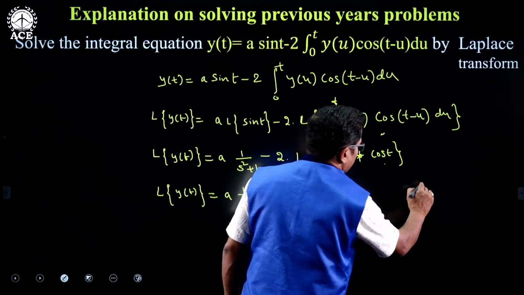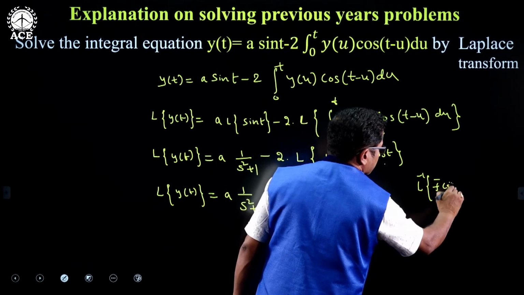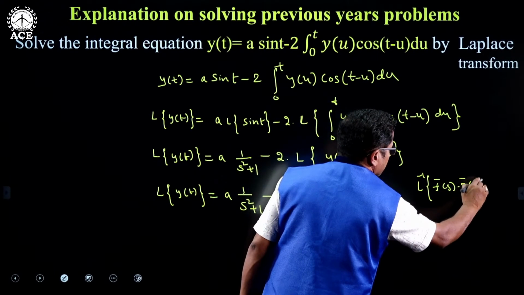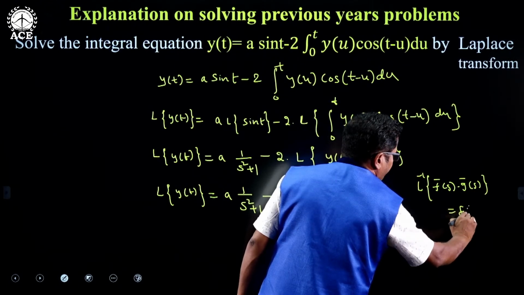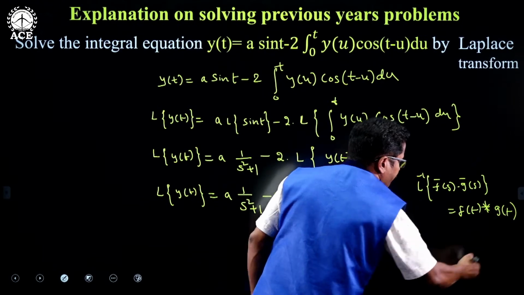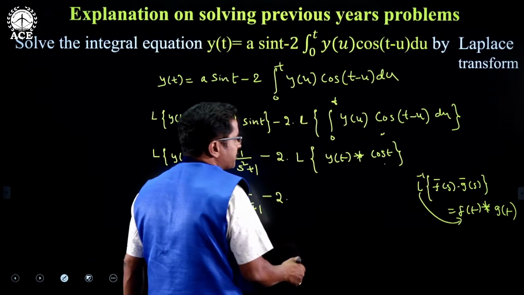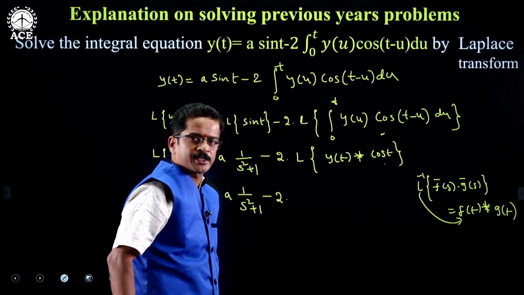See, L inverse of f bar of s dot g bar of s equals f of t star g of t. If I bring L inverse that side, it becomes f bar of s dot g bar of s.